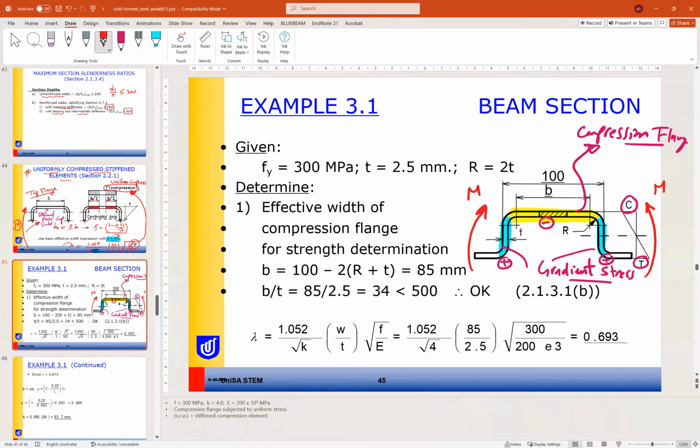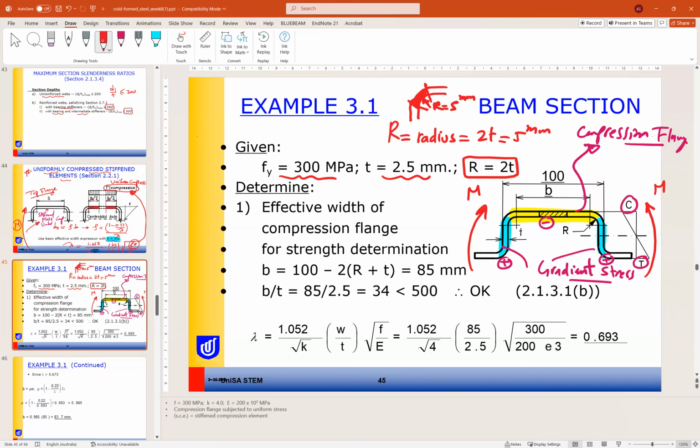Okay, let's have a look at this example. The yield strength for this member is 300, thickness is 2.5, R is 2 times T, R is the radius, which is 5 millimeter.